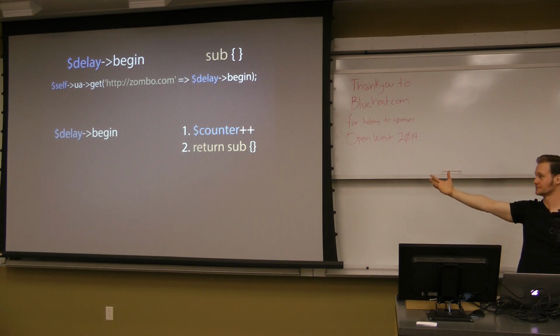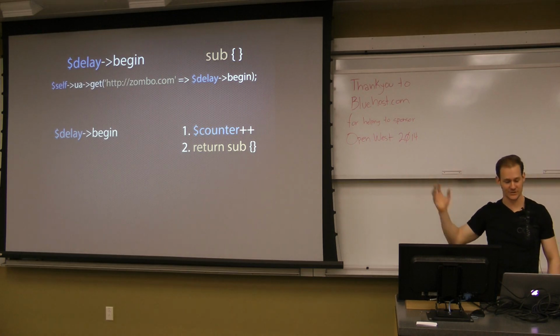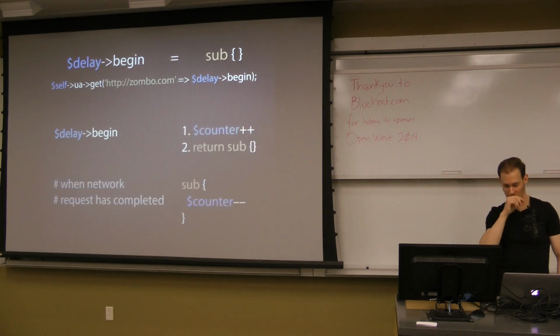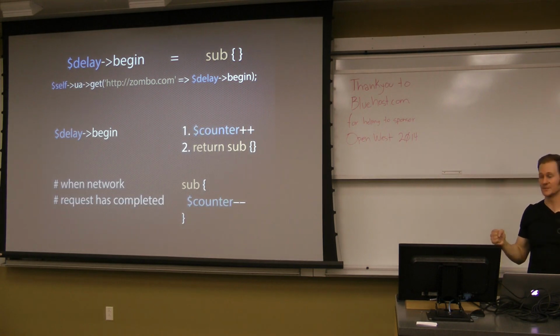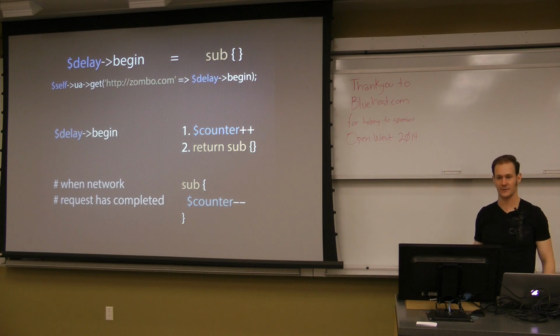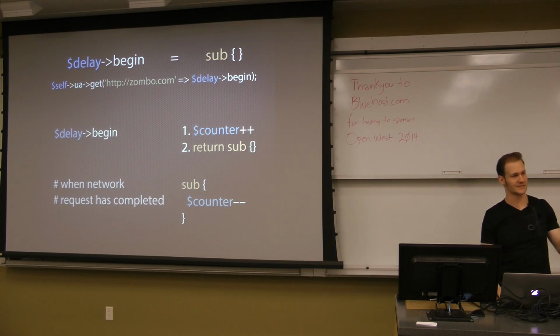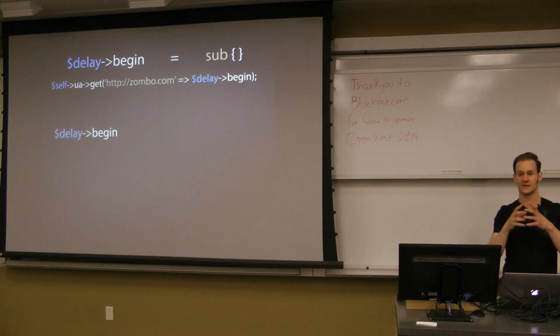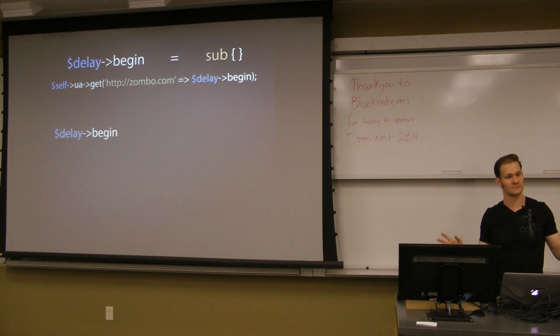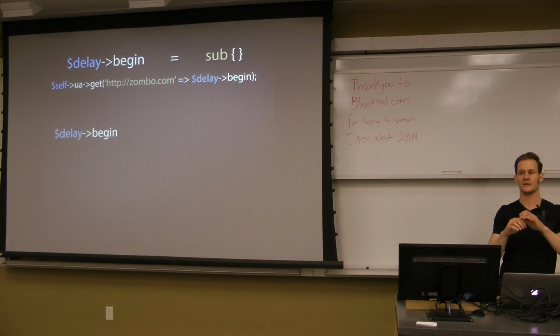It increments a counter and then returns a subroutine or a callback. When the network request has completed, it calls the subroutine and then decrements a counter. So this is very simple, but I want you to get this, because if you don't get it, you can still use Mojo IOLoop today very easily, but you won't be able to harness the full power of it if you don't get this simple concept.